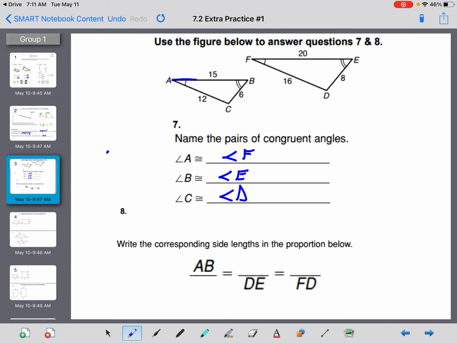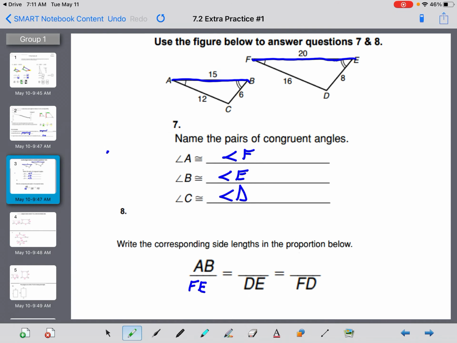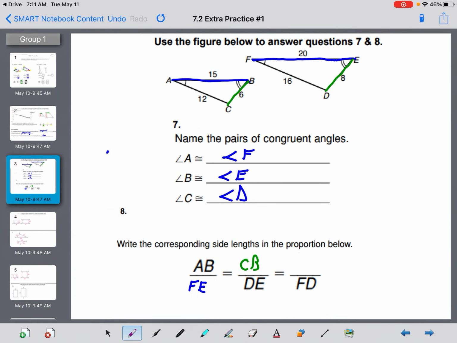Well, we have AB goes with the top, which is FE. We're just doing the same skills over again. BC goes with DE. And then CA and DF, or AC and FD.